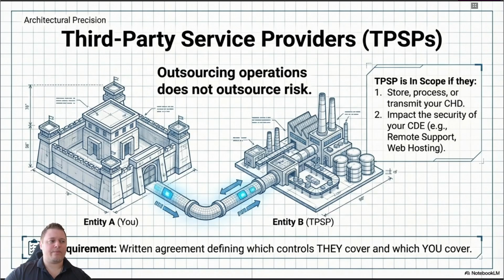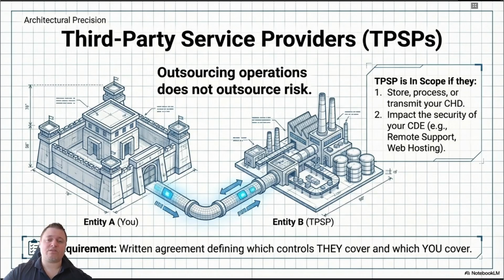Impact the security of the CDE. Yeah, what that means is there's a lot of third-party companies out there that will provide you with service like protecting your environment with antivirus software, stuff like that. And if they're providing a live service and they have access to your CDE, then they need to follow.